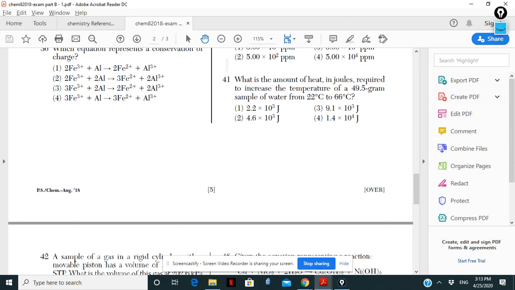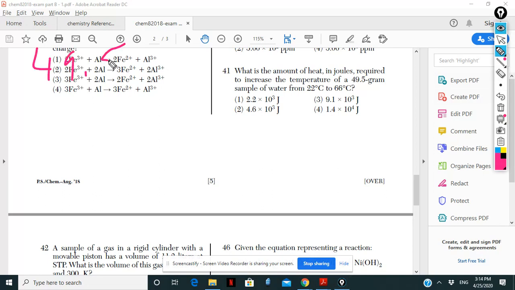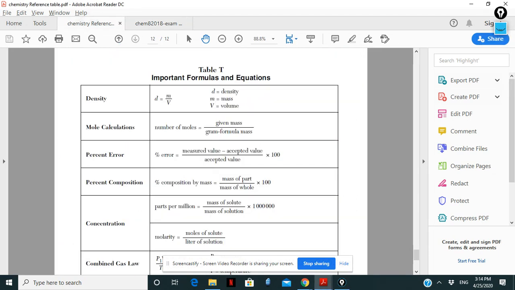Question number 41. What is the amount of heat in joules required to increase the temperature of 49.5 gram water from 22 to 66 Celsius? I'm going to the reference sheet, the amount of heat.